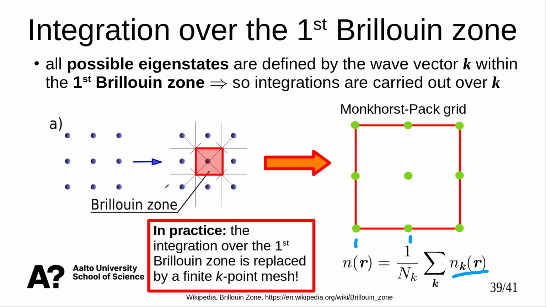For that reason, choosing your k-point grid is quite important. If you have a too loose k-point grid, then your density is not suitable enough, because you just sum up over a few really sparsely distributed points within your first Brillouin zone.